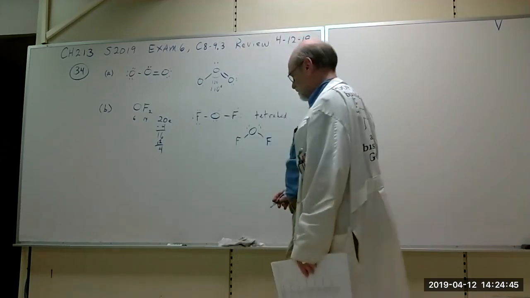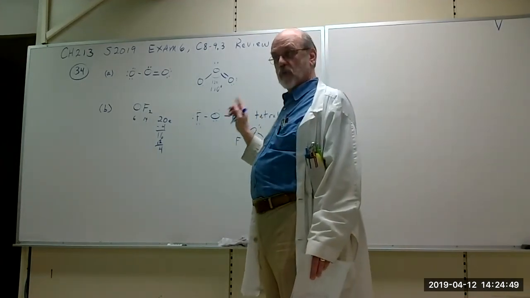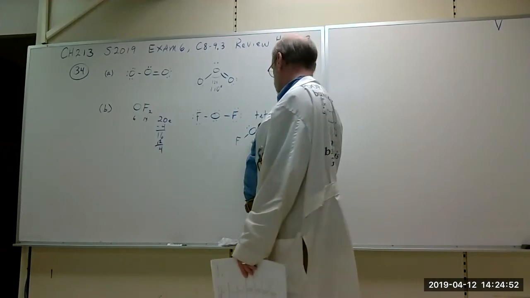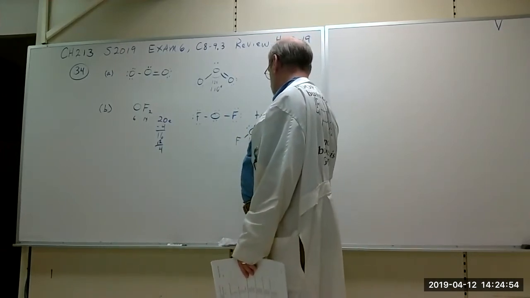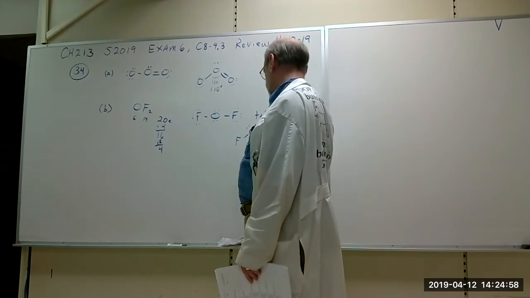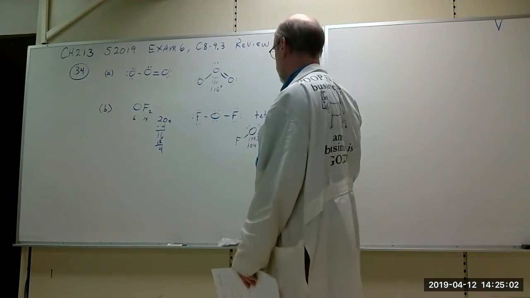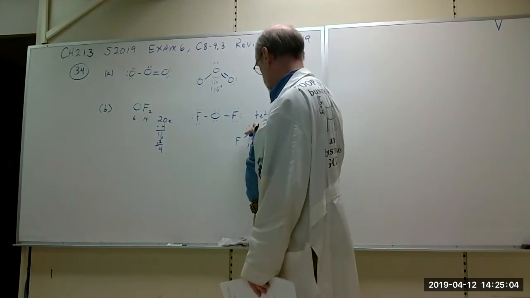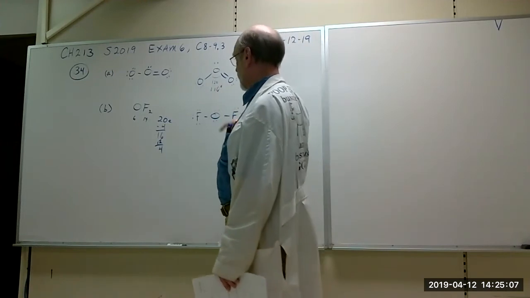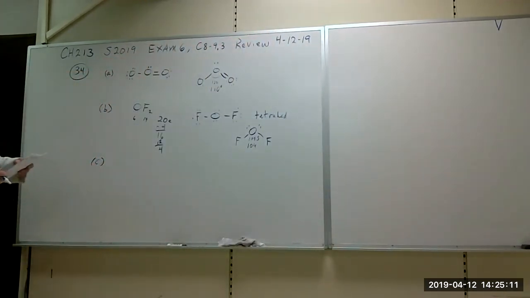The starting position for this bond would be, for tetrahedron, 109.5, but these 2 lone pairs would shrink it down. It's probably maybe 104, something like that. So this one is a smaller angle than that one. So far, A wins. Let's see what C has to say.